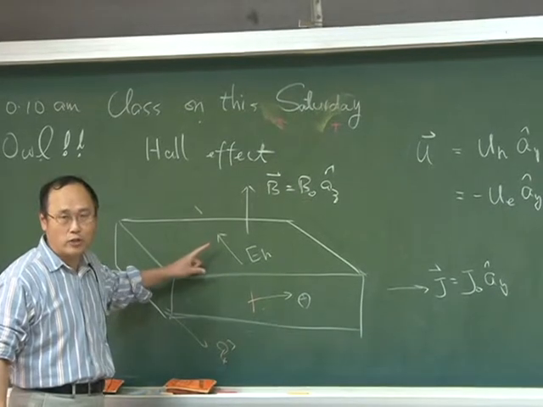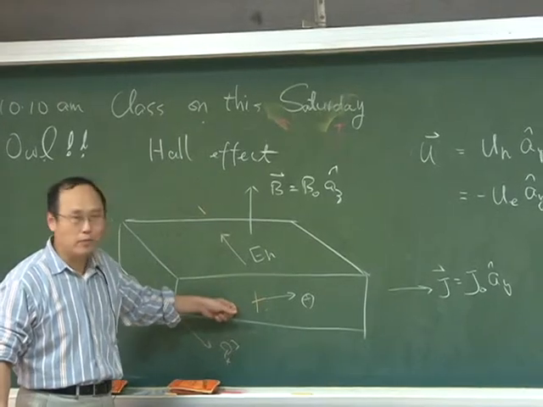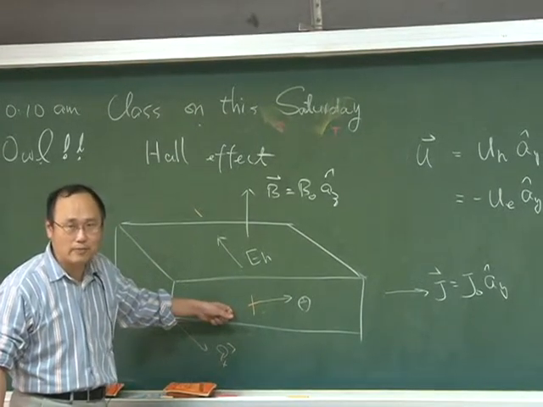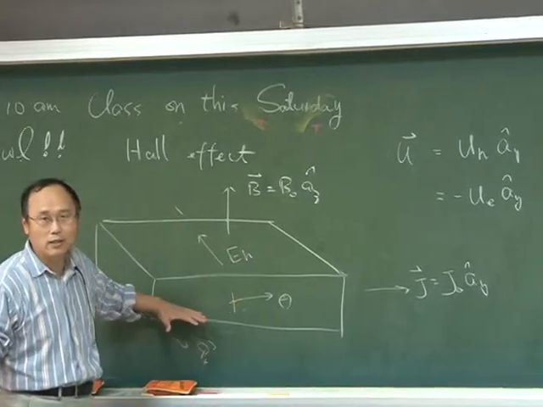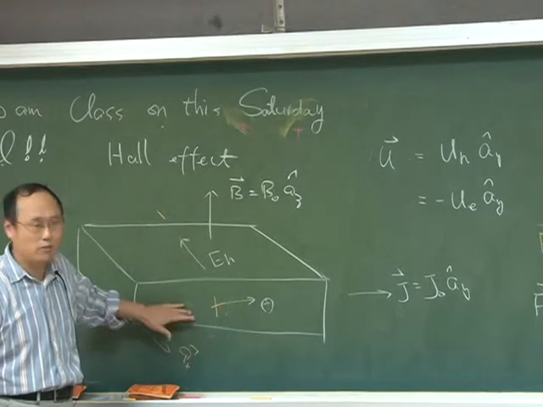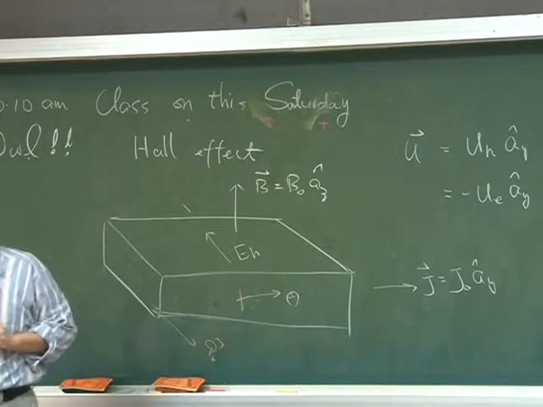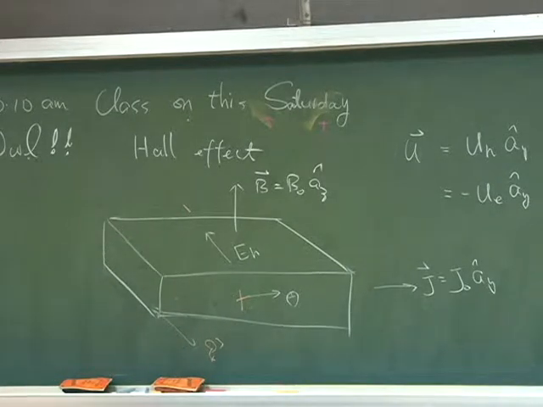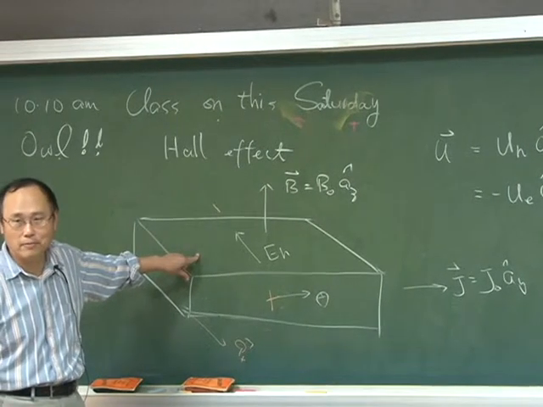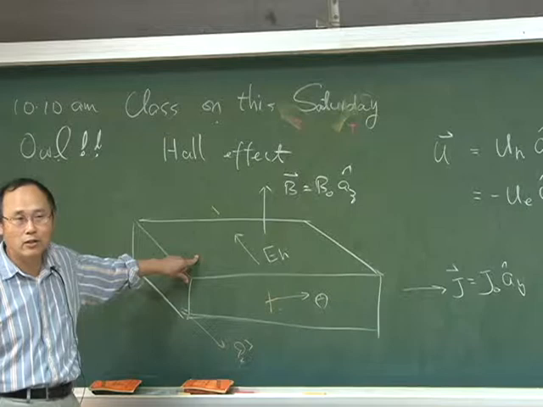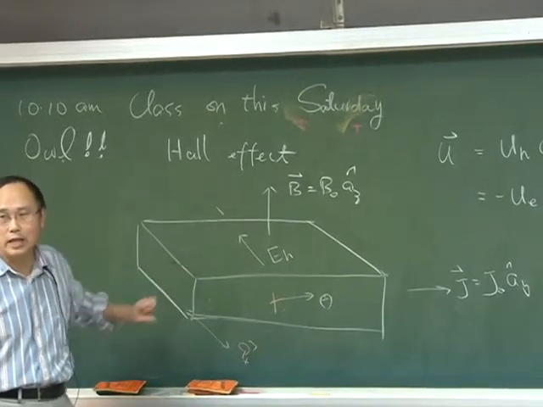If you have electrons moving inside this material, this side is going to be more negative than this side. So you only need to measure whether the voltage across these two ends is positive or negative, and you will know whether electrons or holes are running inside. Okay, so you find the first application of this device, this scheme. You can identify whether this is electrons or holes running inside.